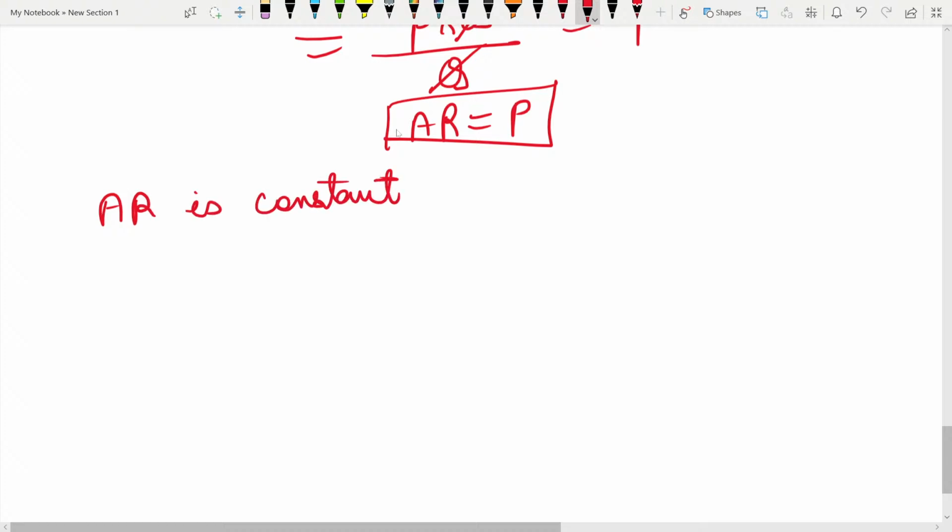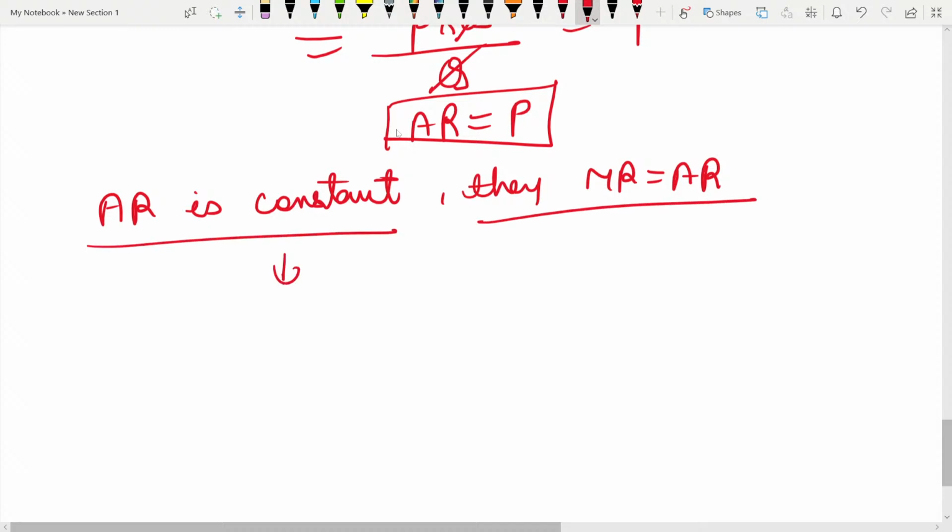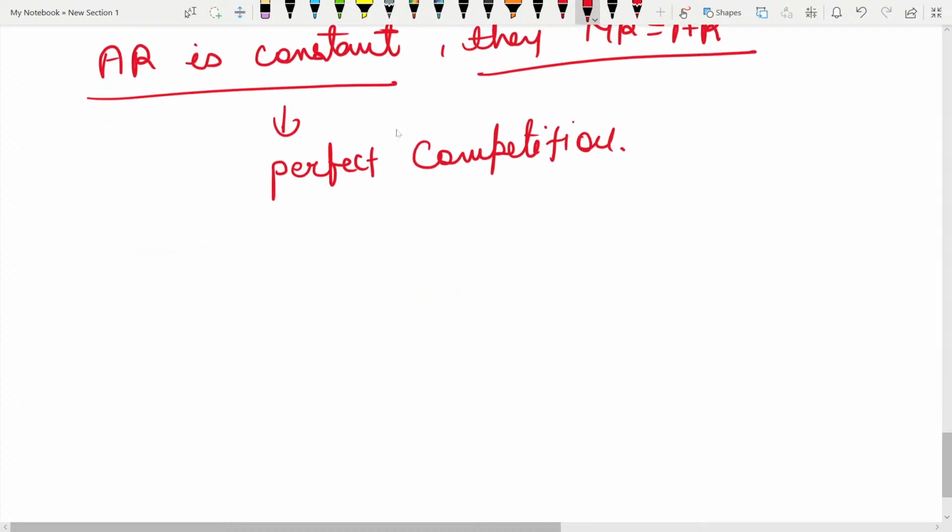If AR is constant, then definitely MR is equal to AR. But there are some limitations. This will be applicable only in case of perfect competition and nowhere else.